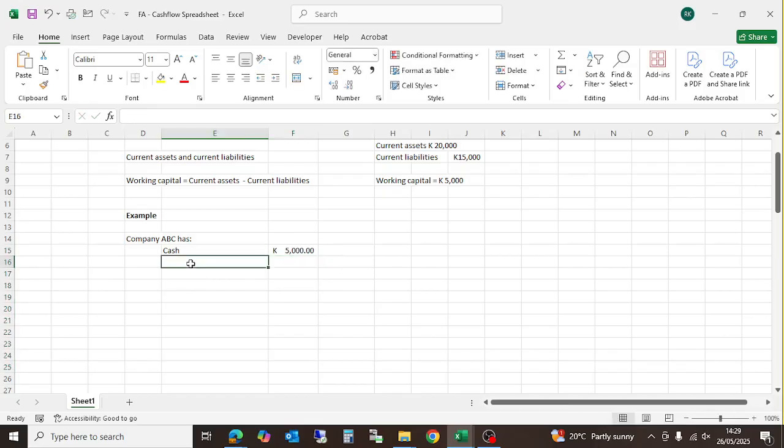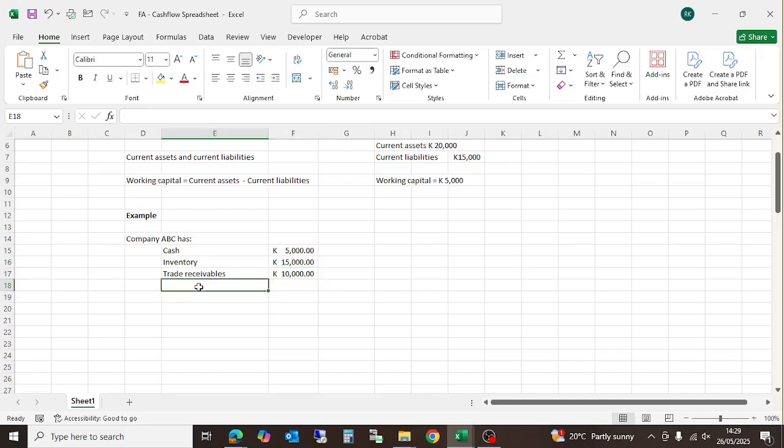Then it has got inventory of 15,000, and trade receivables of 10,000.